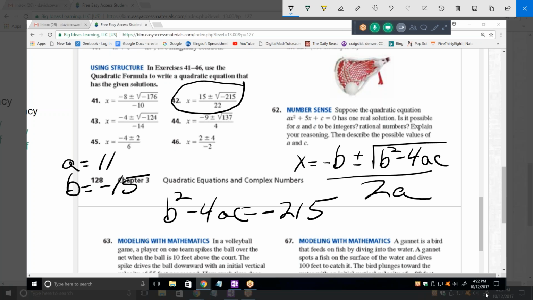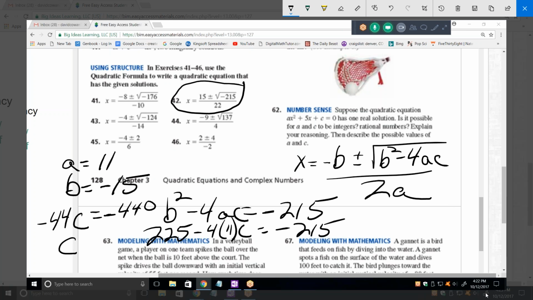Right. So if I plug everything in, minus 15 squared is 225, minus 4 times 11 times c equals minus 215. So we get minus 44c equals minus 440. So c equals 10.